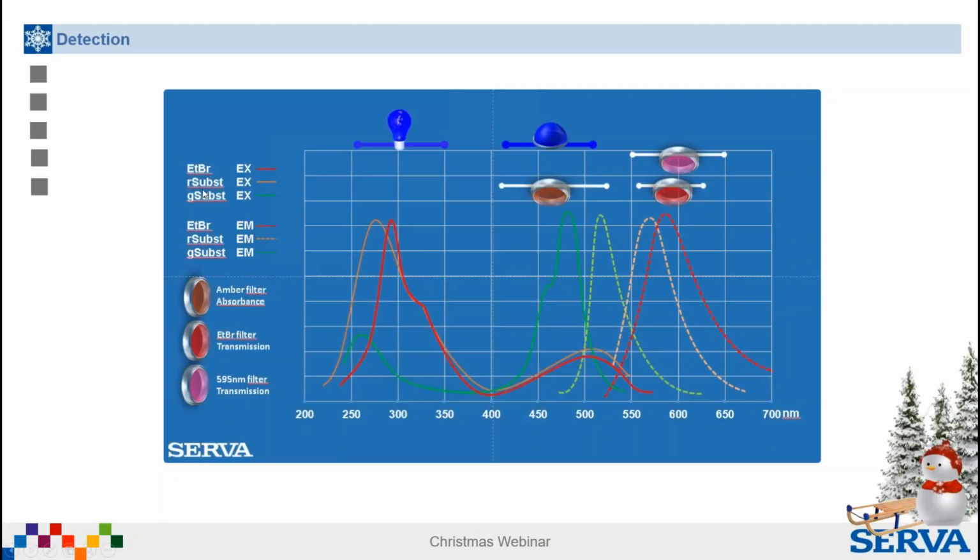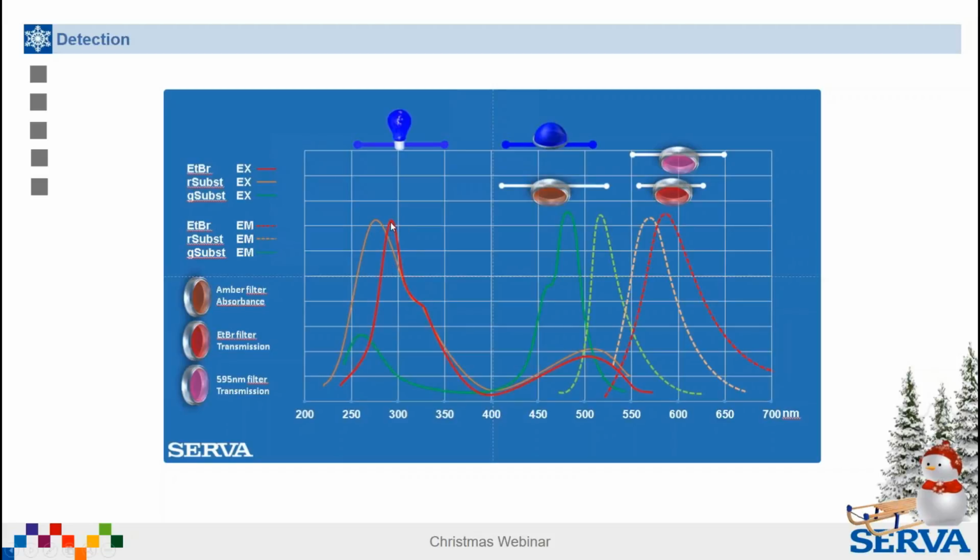And this is similar to the red substitutes you can buy, so for example GelRed. This is nearly the same. So it really strongly depends. If you use UV light, you get a high signal, a very strong signal. So you will see a lot and your signal to background ratio is very good.